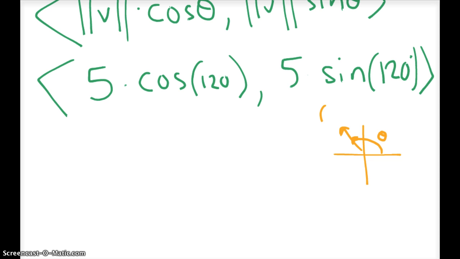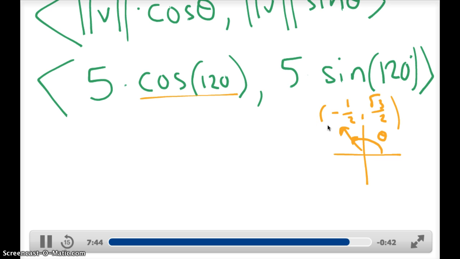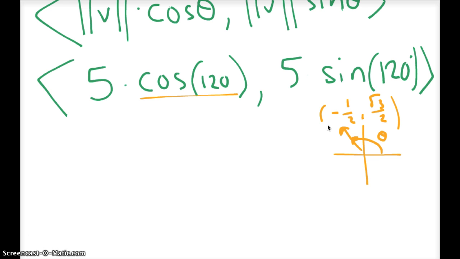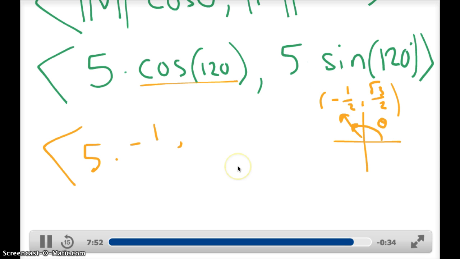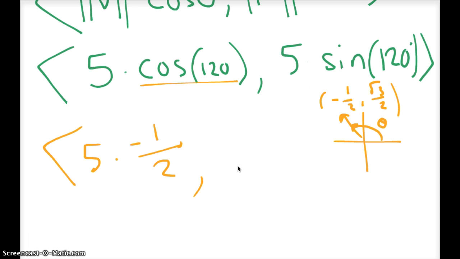Now you can use your calculator for this, or we can think about our unit circle. At 120 degrees, that coordinate is negative 1/2, rad 3 over 2. I believe that should still be in your graphing calculator. You could also use your calculator to compute this just by typing this in. I'm okay with either way. I'm going to go ahead and use this form.